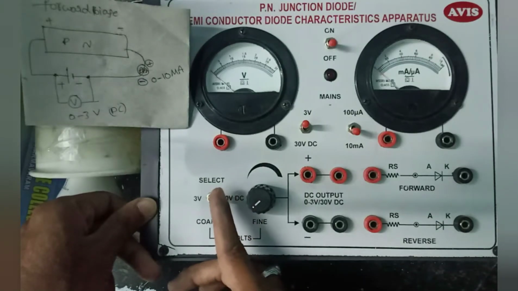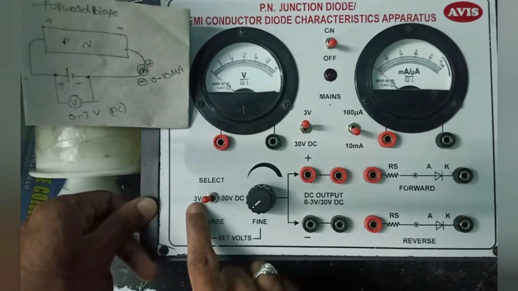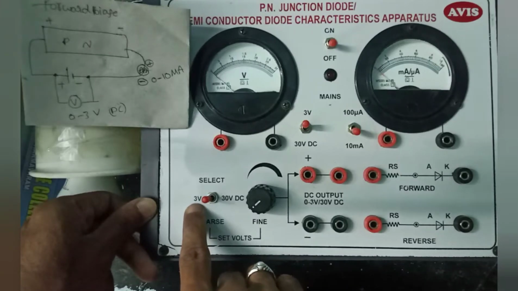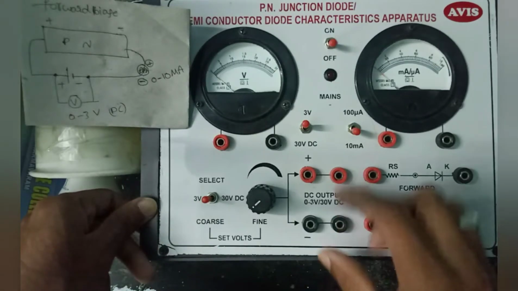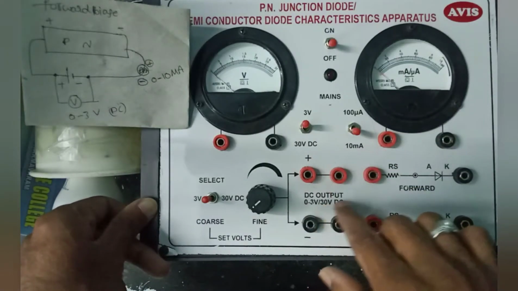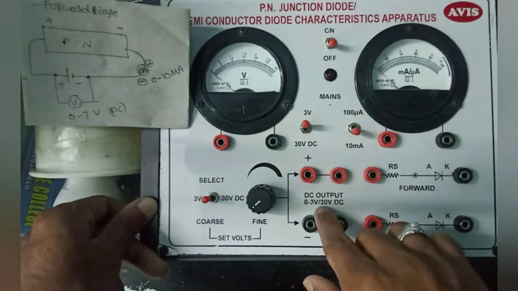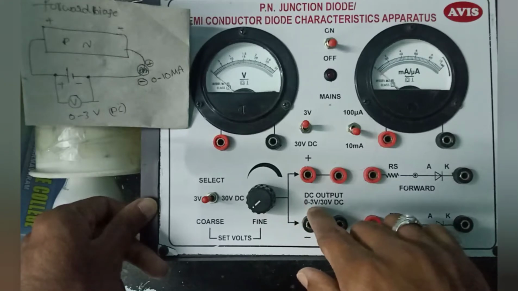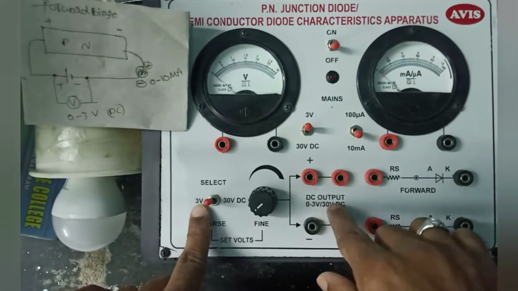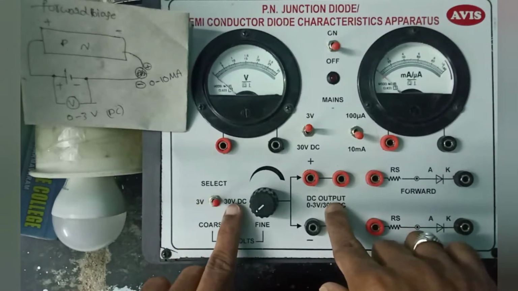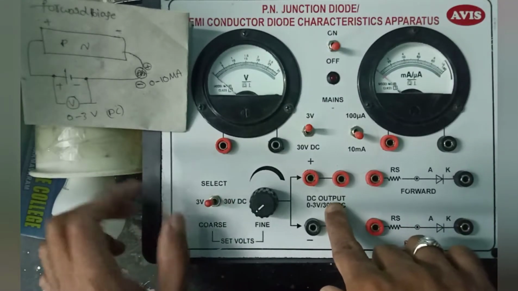We can adjust to 30 volts or 3 volts. In forward bias, we have to supply 3 volts, so we kept it for 3 volts. Now this is the DC output, which is battery, which gives us 0 to 3 volts when we keep the toggle button this side, and gives 30 volts DC when we keep the toggle button this side. In forward bias, we need 3 volts.